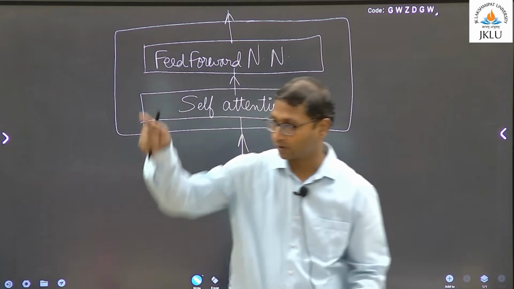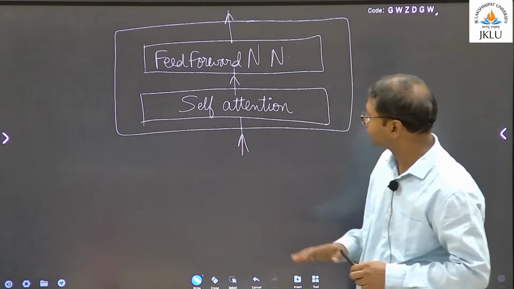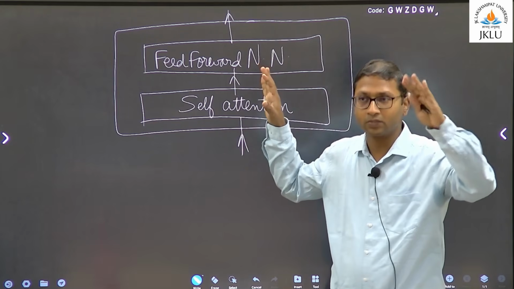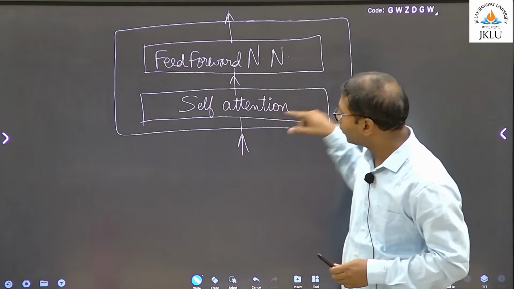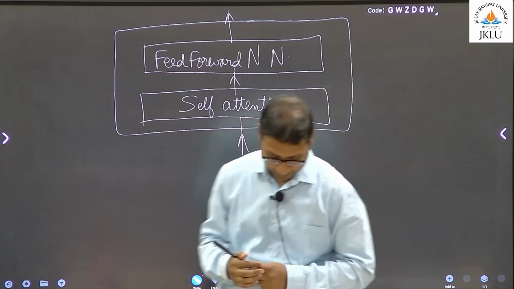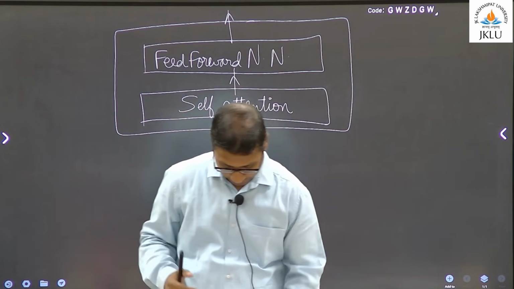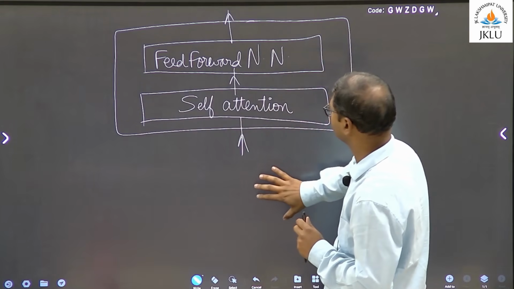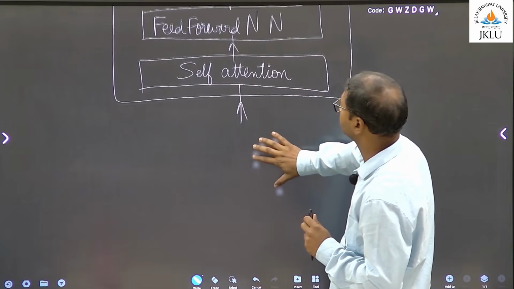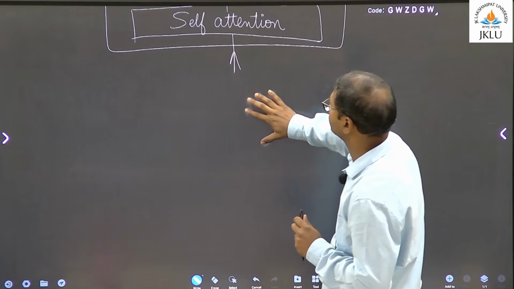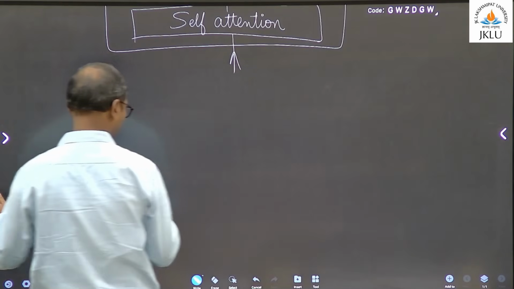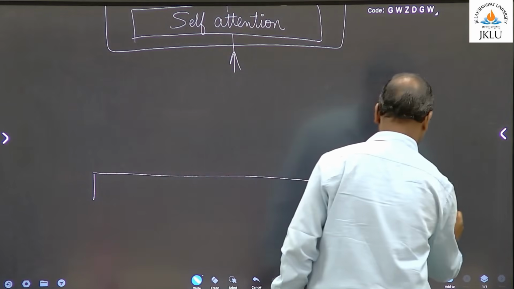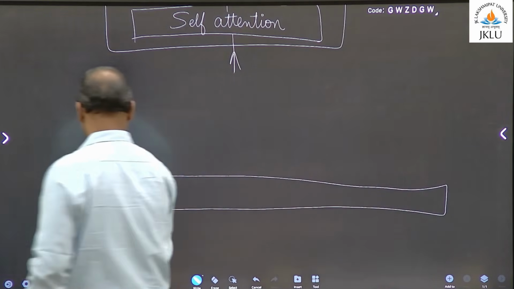Okay, now we come to what she was asking. So we have broken it down to quite a good level now. How does this guy take input? So this is my self attention, let's say.